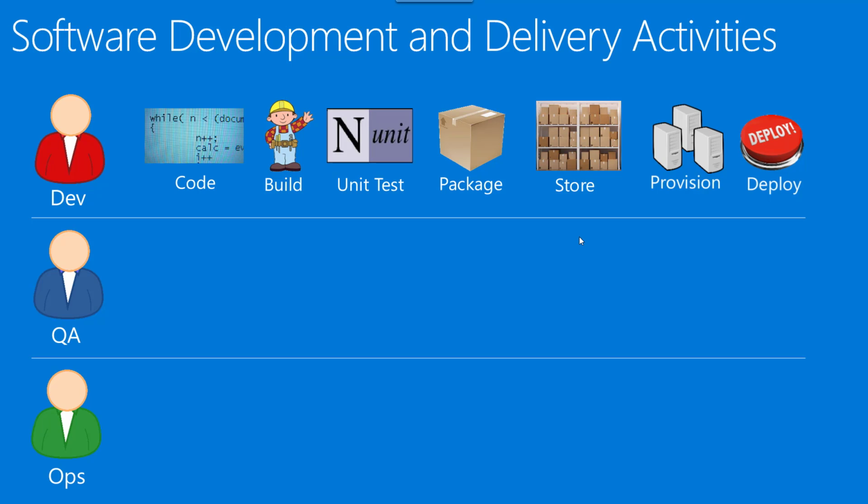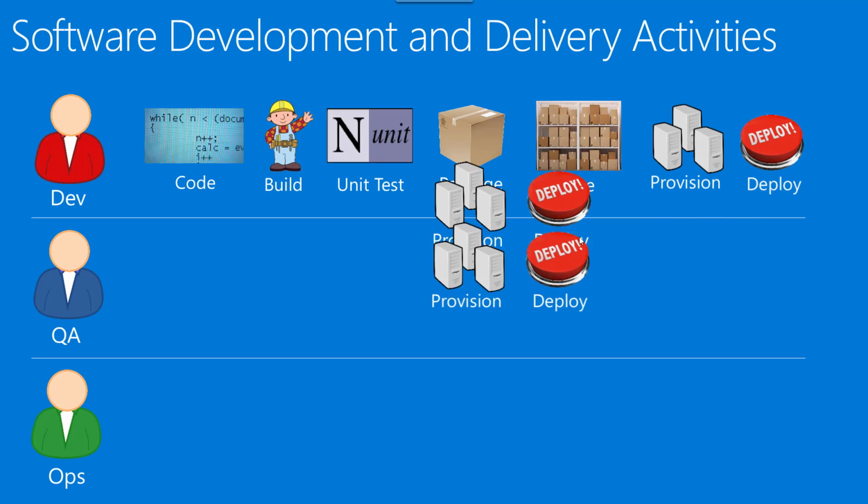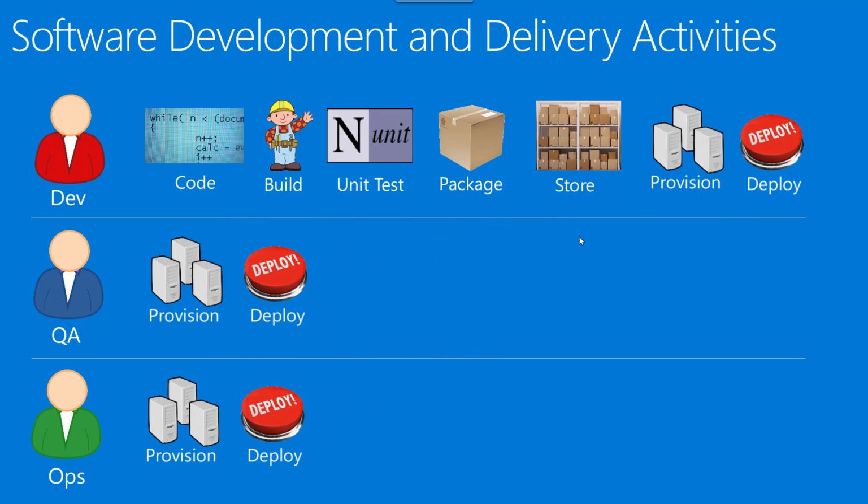Now we deploy to the dev environment. If I want to deploy to QA or pre-production, then I will just pick the same binary, the same package from the storage, and start deploying that, of course provisioning the environment first and then deploying. So build once, deploy multiple times.